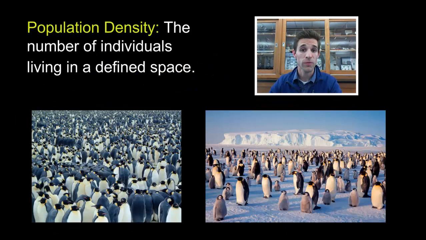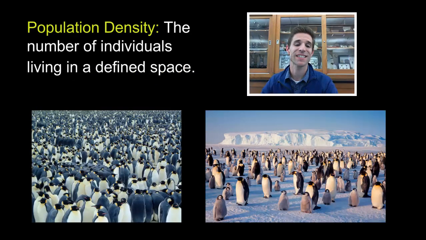The first new term for this video is population density. It's the number of individuals living in a defined space. The emperor penguins in the photograph on the left are packed much tighter against one another in the same space as compared to the penguins in the photograph on the right-hand side.